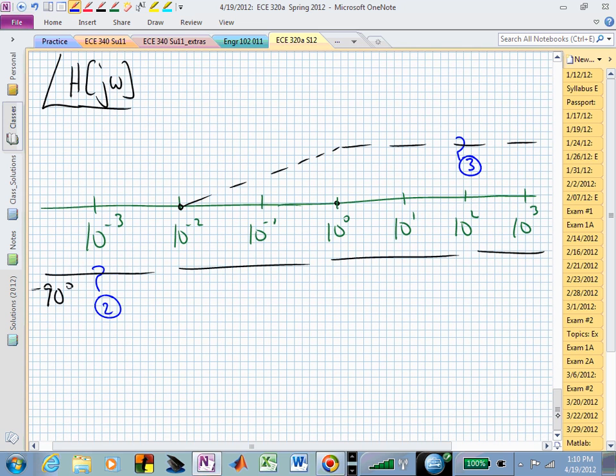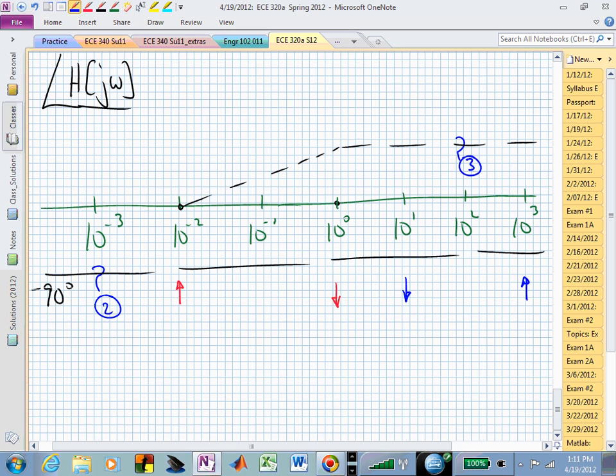Sometimes I might say, I need to turn this one on and turn it off. My break frequency was at 100, so I need to worry about it kicking on a decade before that. And this is a pole, so it's going to initially be down for the slope. Then I'll have a change in slope of shutting it off.